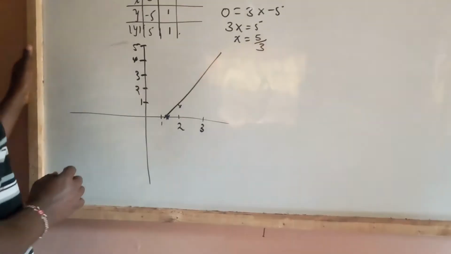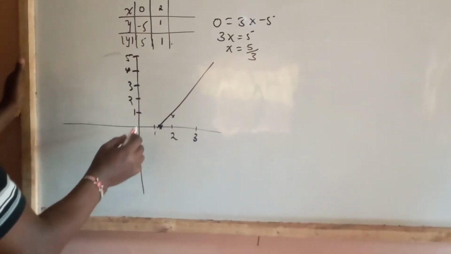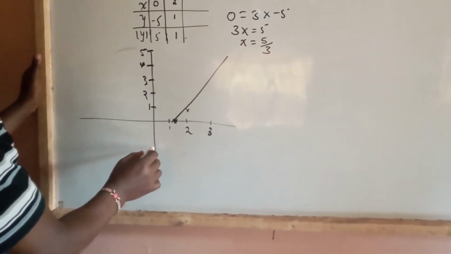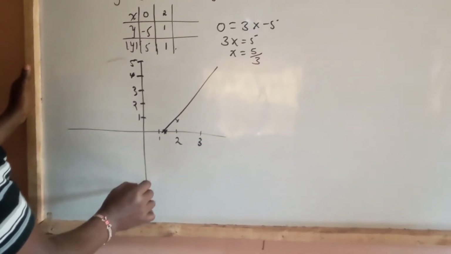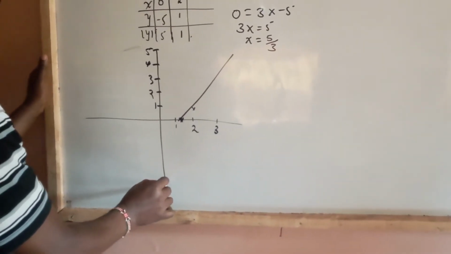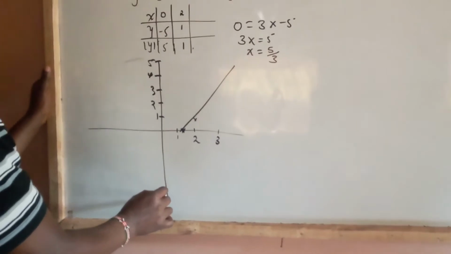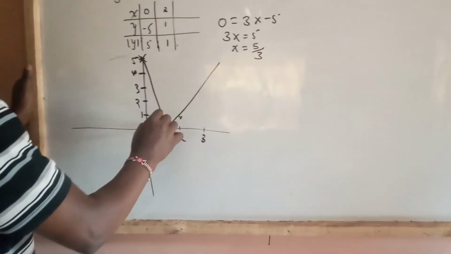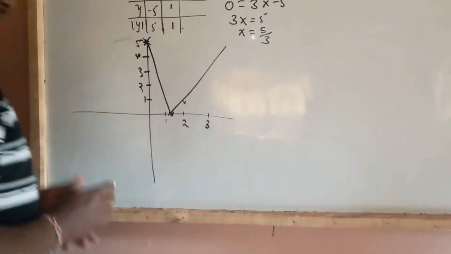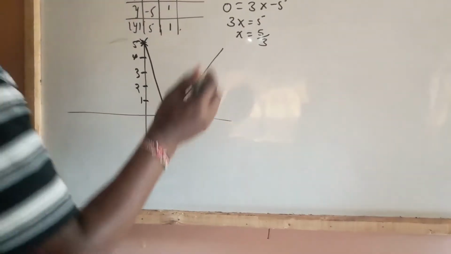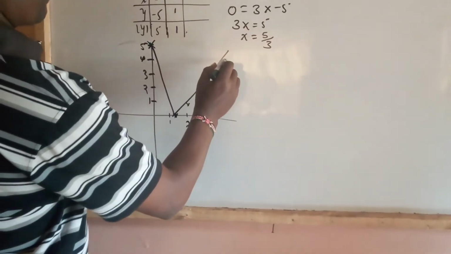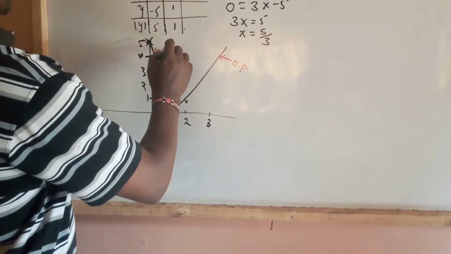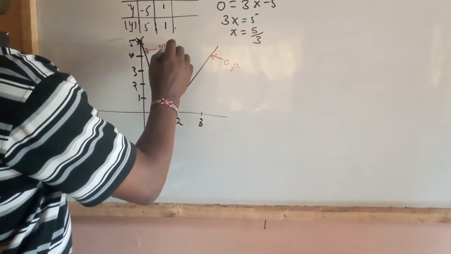It's a straight line. When x is 0, y is -5, and -5 reflected along the x-axis becomes positive 5. So that is the graph we are going to talk about. You can see this part is the original part, and this is the reflected, or the modulus, part of the graph.